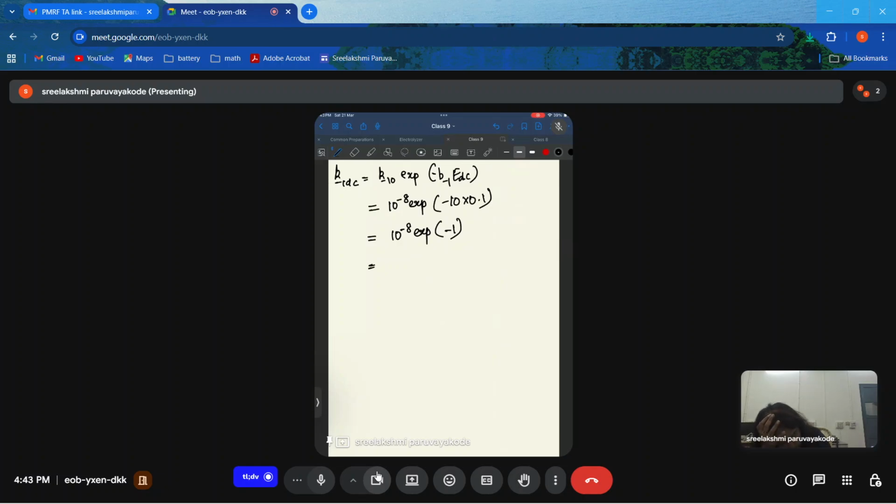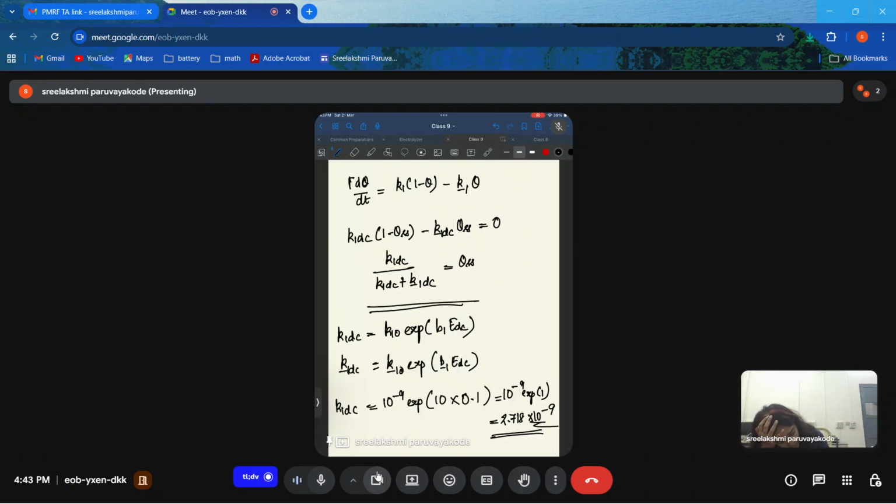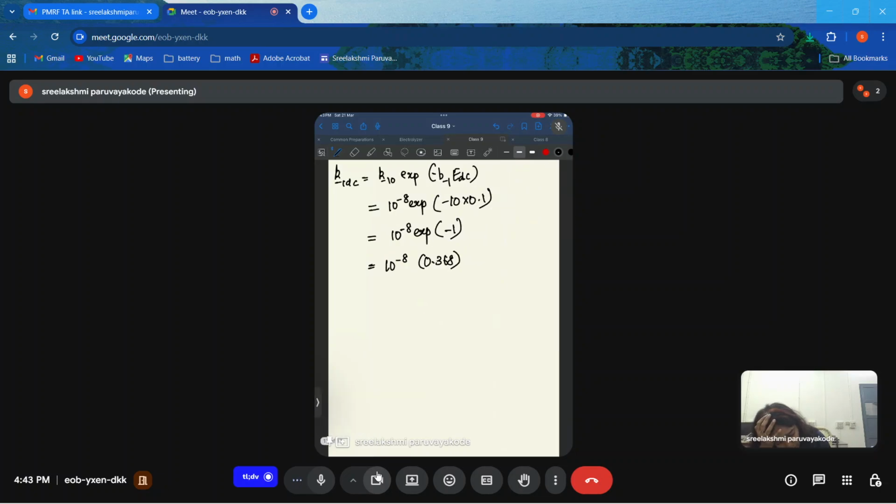This is 10 to the power minus 8 into 0.368. And in terms of 10 to the power minus 9, let's make this also like that. It becomes 3.68 into 10 to the power minus 9.